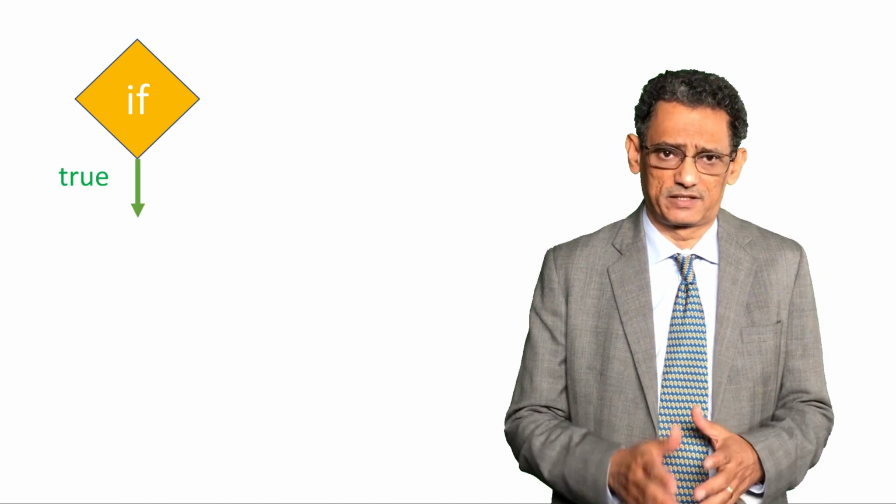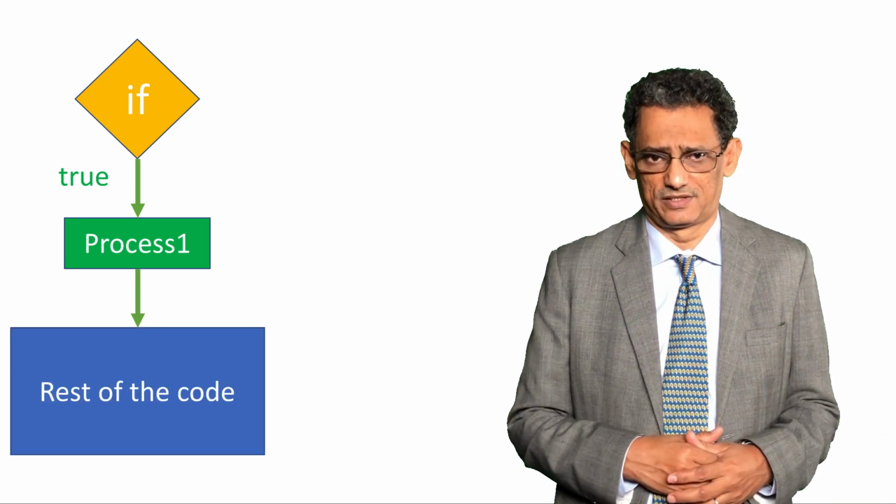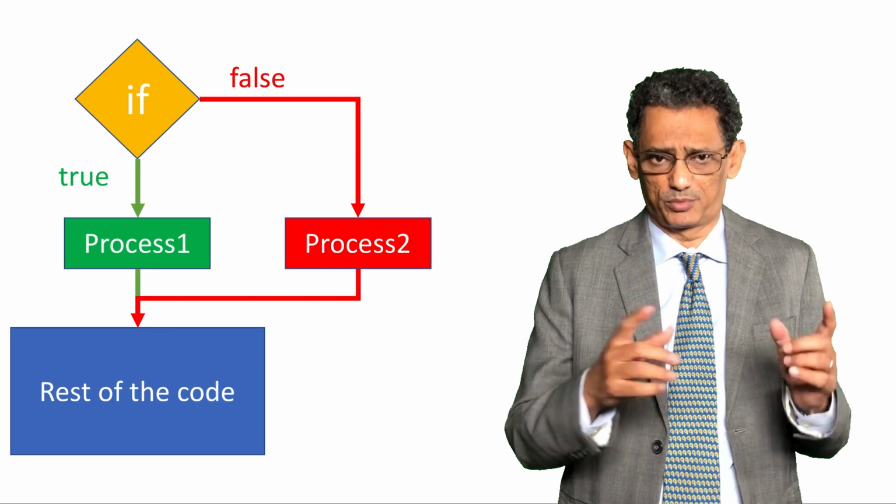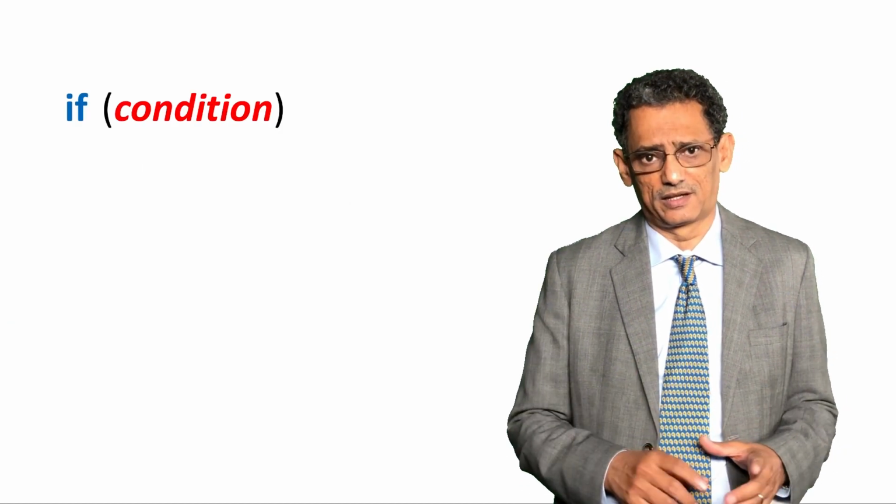And that's called selection. So in Java, there are two types of selections. One is using the if statement. So if a condition is met, you do something. If not met, you do something else. And usually the structure is if, then a bracket, then your condition, and then a brace.